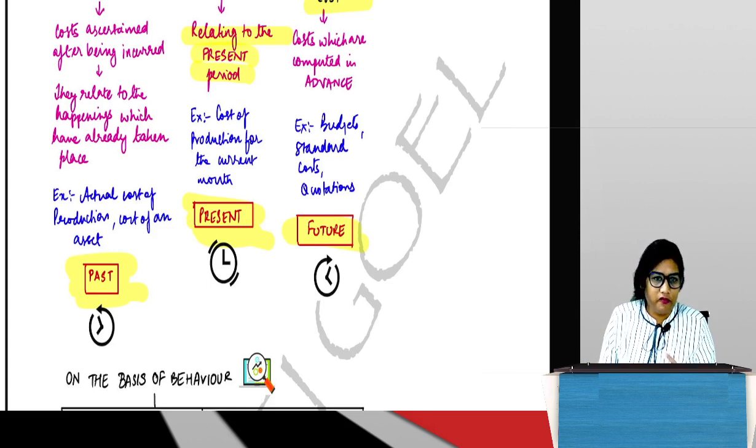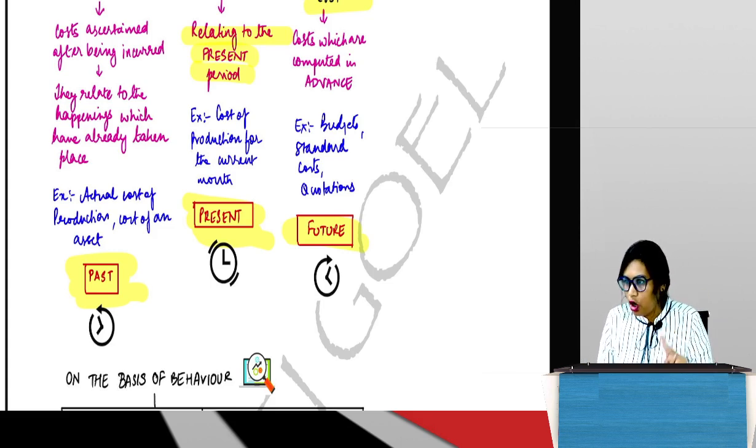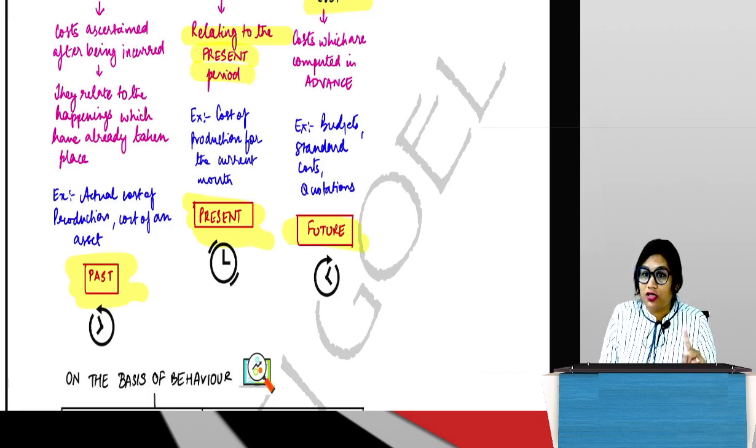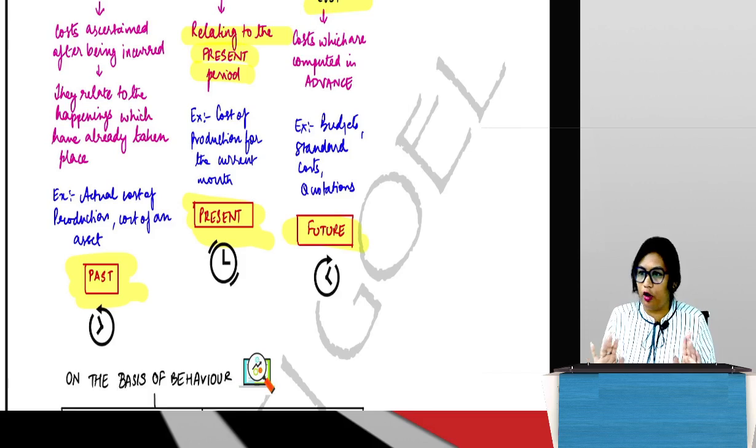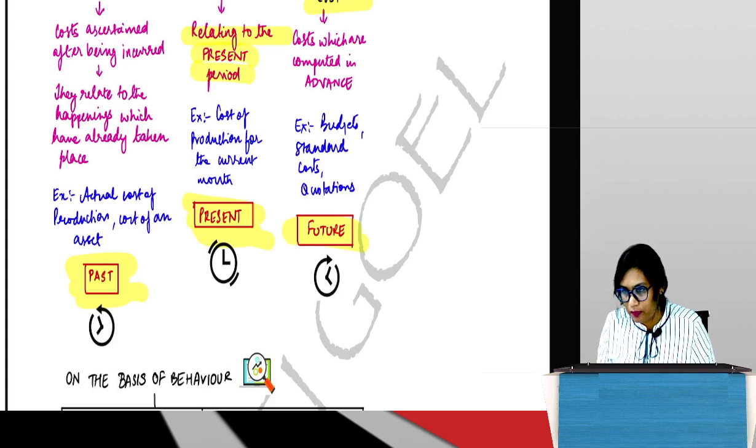So on the basis of time, we have three types of costs: past costs, present costs, future costs. Past costs are historical costs. The event has happened in the past, because of which the cost has been determined after the happening of the event, right? Present cost, current cost, is determined for the current period, or it is the current cost of production, right?